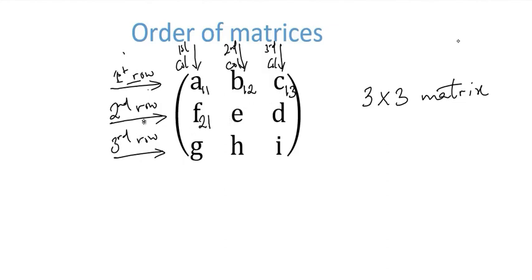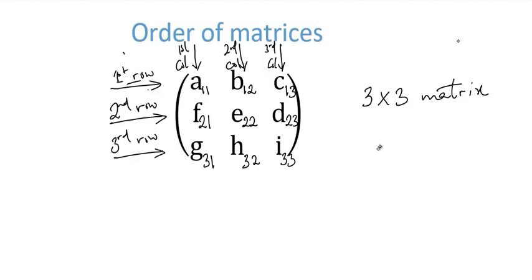This E here is second row, second column. This one is second row, third column. And this one is third row, first column. Third row, second column. And the third row.